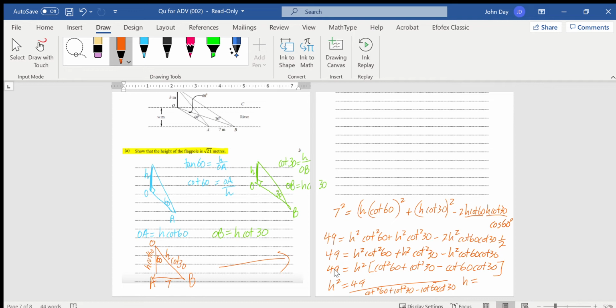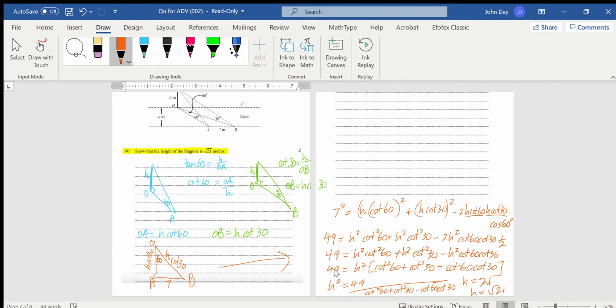Bracket tan 60 bracket x to the minus 1 bracket squared, plus bracket tan 30 bracket x to the minus 1 bracket squared, minus bracket tan 60 bracket x to the minus 1 bracket, bracket tan 30 bracket x to the minus 1 bracket, and all that equals 21. Yep. So H equals root 21.